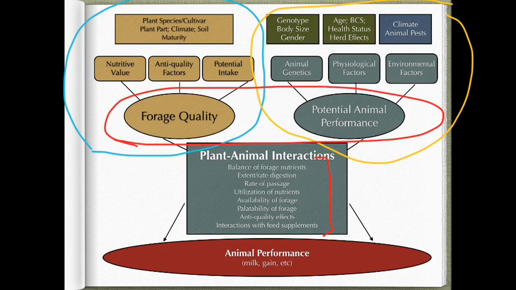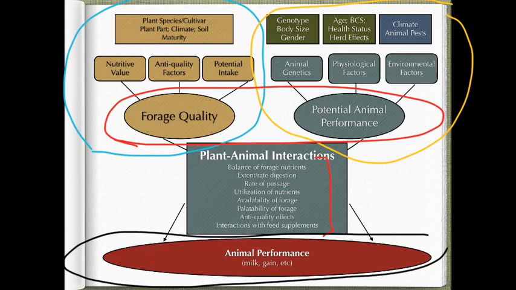And so all of this stuff is what I kind of call the big hot mess, but it makes it an ever-changing field and really interesting to take a look at. And so when we talk about animal performance in a grazing system, it's not just milk production, gain, or whatever. We have all of these other elements that are really trying to come together and predict what's going to happen in our animals.